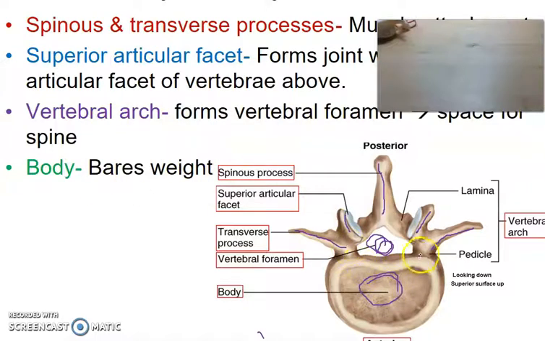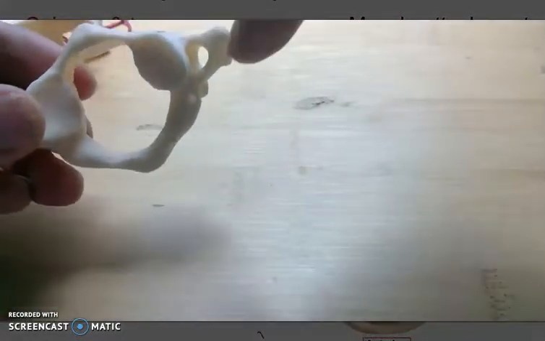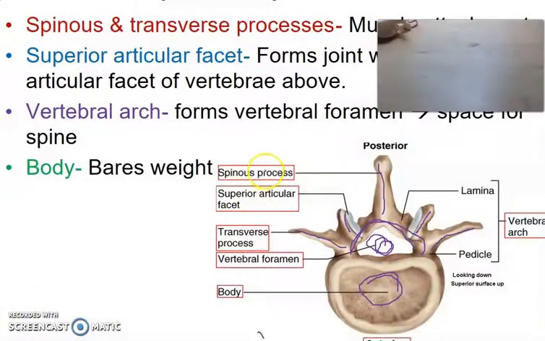Now, this is the arch. I couldn't really show you the arch very well on that one. I guess I could show you with Mr. Atlas. So this would be the arch. Now, the arch is made up of the pedicle and the lamina. The pedicle is right there, means foot. Lamina means layer.